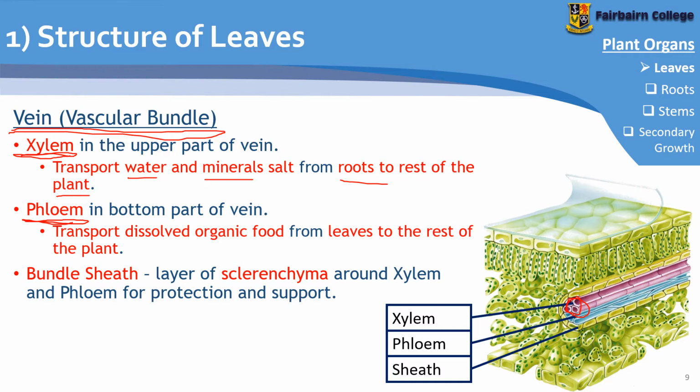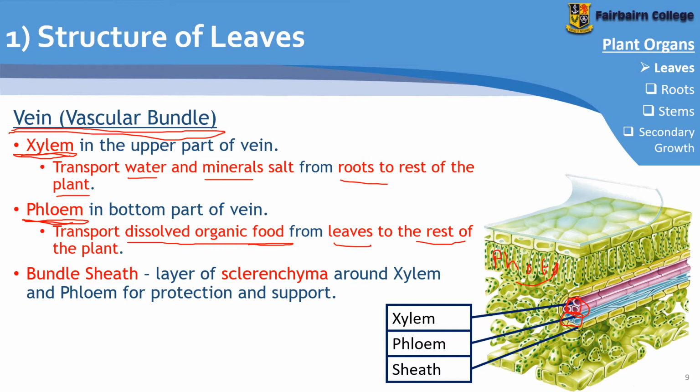The other transport tissue is the phloem, and that is found in the bottom part of the vein usually, and the function here is to transport dissolved organic molecules, or organic foods, from the leaves to the rest of the plant. An example of this would be, remember, photosynthesis takes place here in the mesophyll.